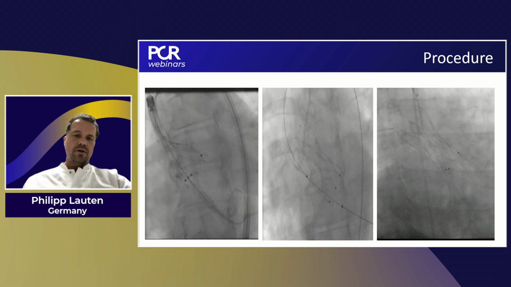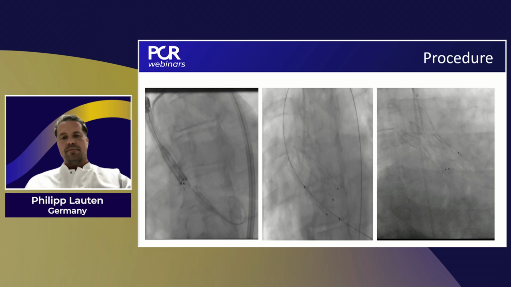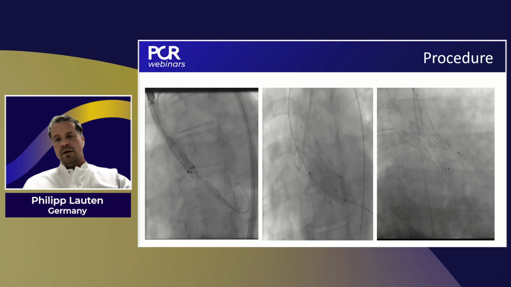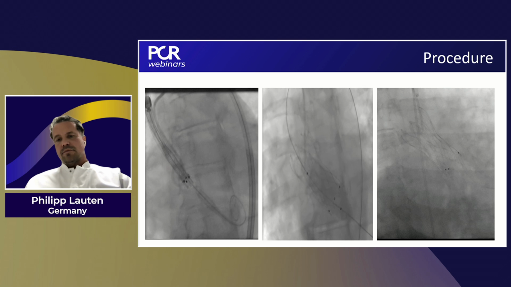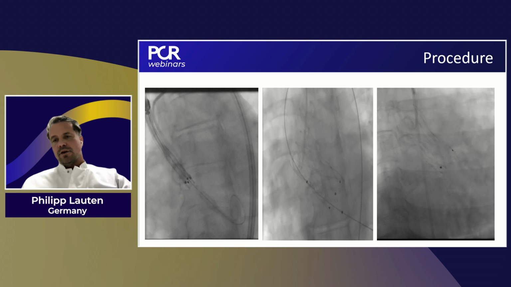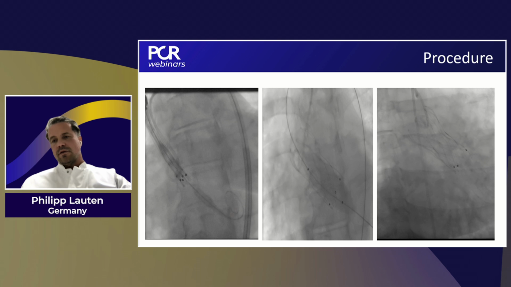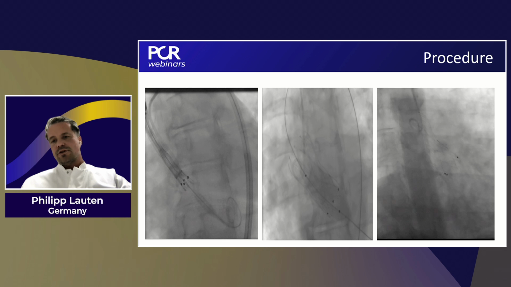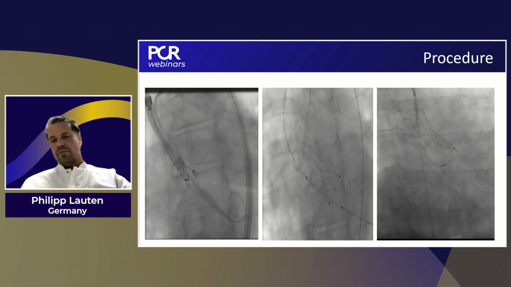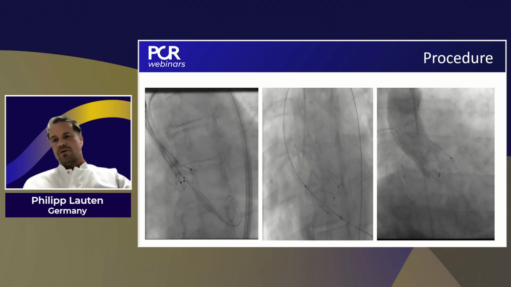We do it not in fast pacing, just in normal algorithm. Then the valve is implanted in the middle of the slides, and we did a post dilatation with a really nice result, even on the idea of paravalvular leakage without any problem and no conduction disturbances in the end.